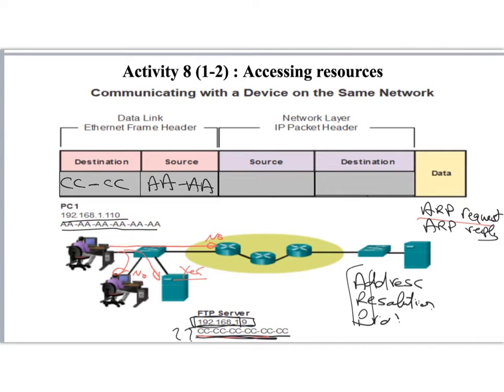Okay. What is the source IP address? 1.110, which is this one. What is the destination IP address? 1.9. Easy. Okay. So in that case, I will take this data and deliver it physically to the FTP server in one step.